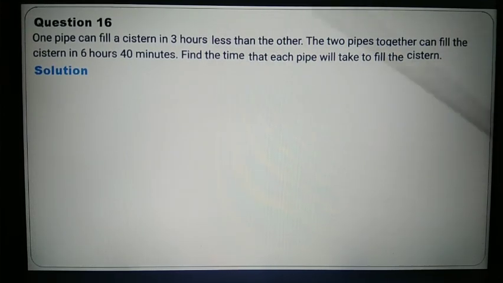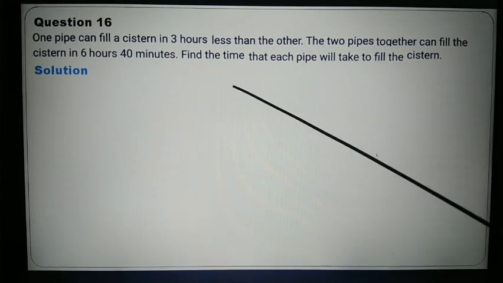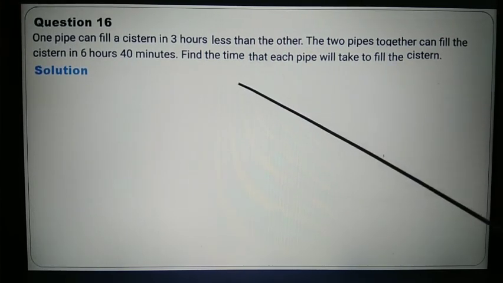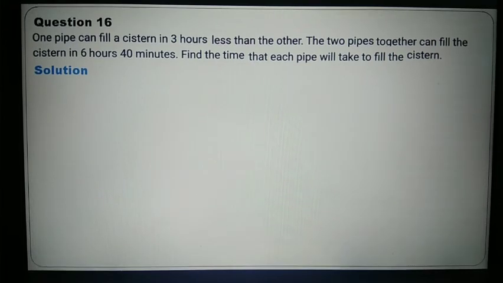So that means if one of them takes x hours to fill the cistern, then the other one has to take x minus 3 hours. In the earlier problem we looked at the part of the work done in one day. Similarly here, we'll find the part of the cistern which is filled in 1 hour. Is that clear?